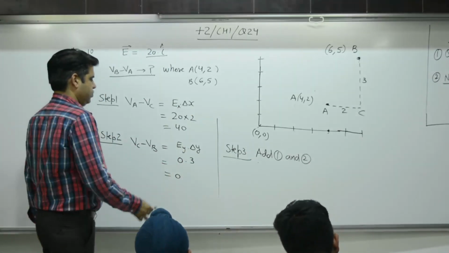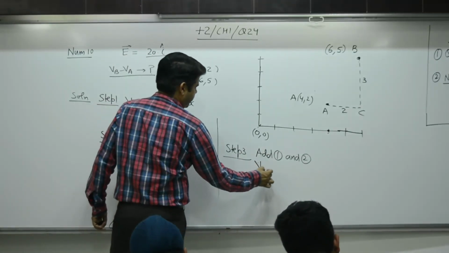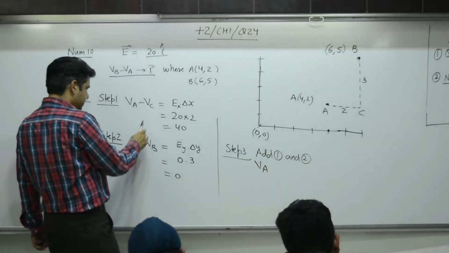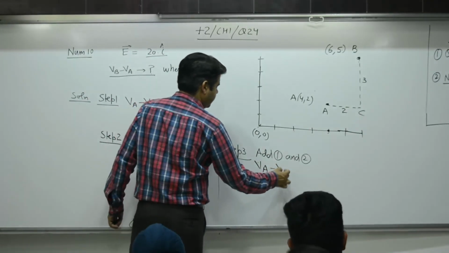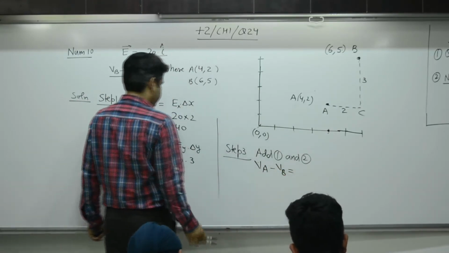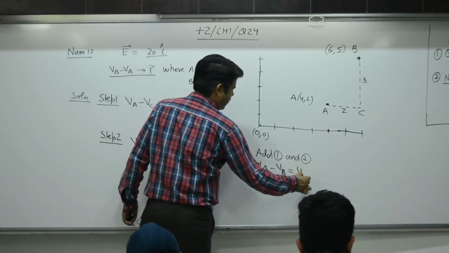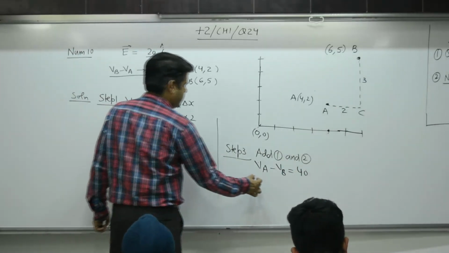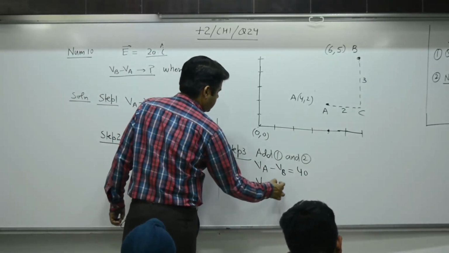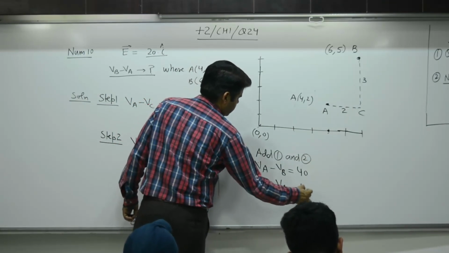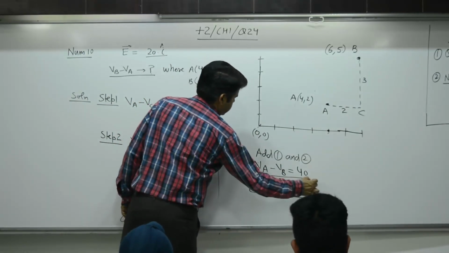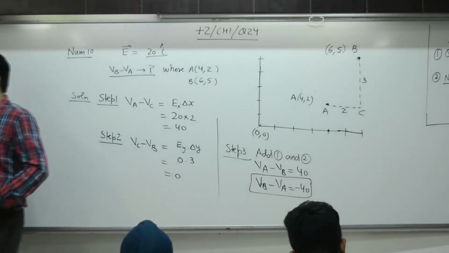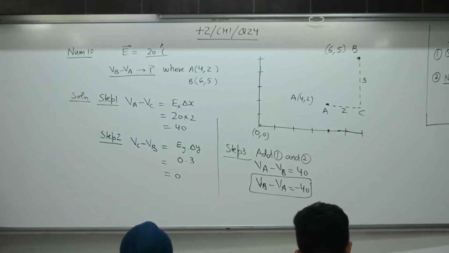Add 1 and 2. VA, VC cancelled. VA minus VB is equal to 40. VB minus VA is what? Minus 40. Did both answers match the competition? +40 and -40.